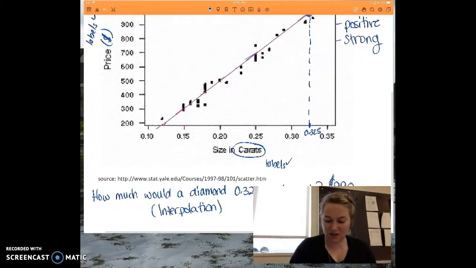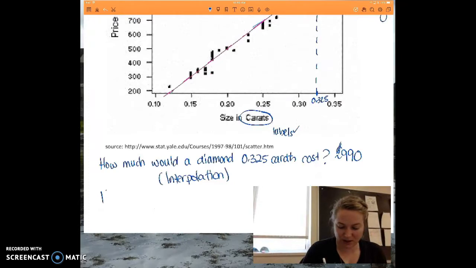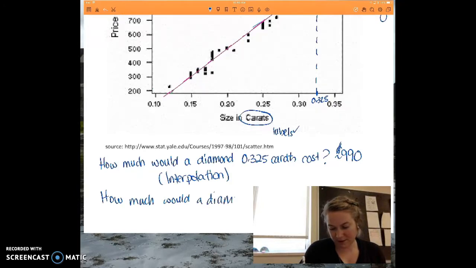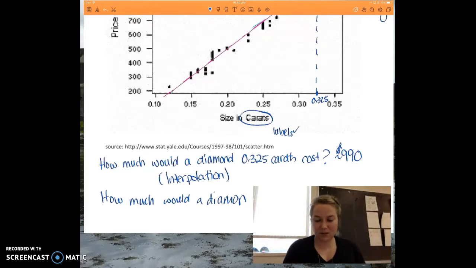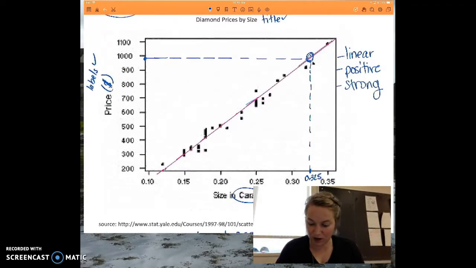So if I wanted to know extrapolation, how much would a diamond 0.375 carats cost? So let's go here. 0.375 is right here.